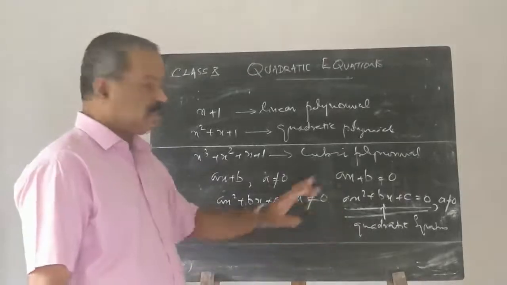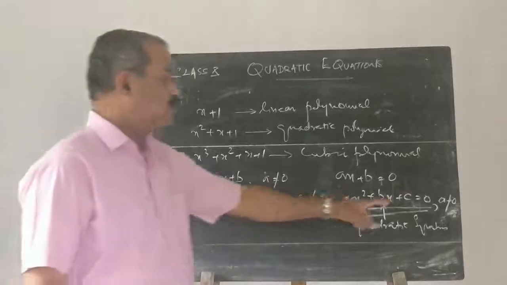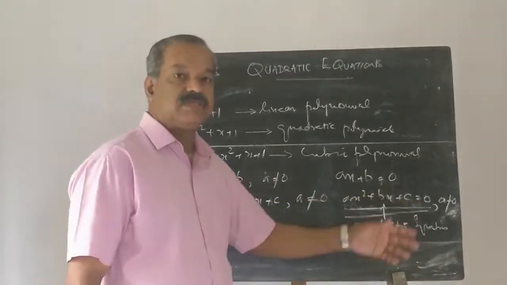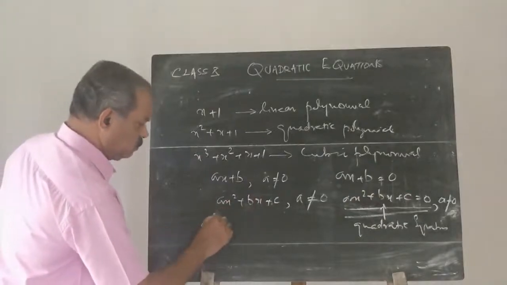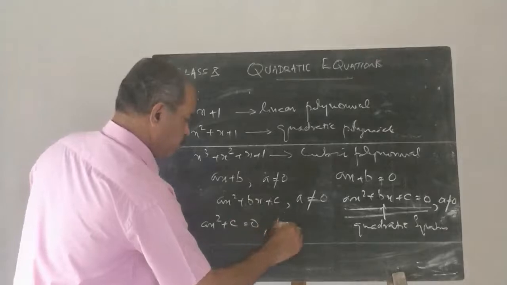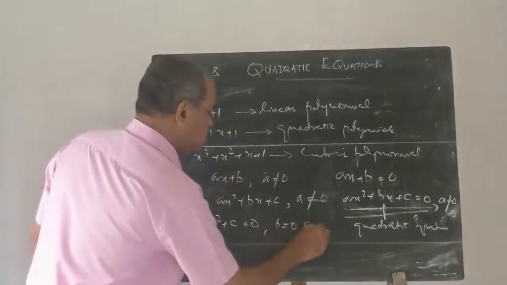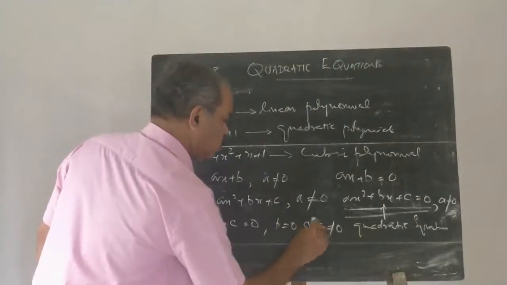a cannot be 0, but a can assume any other real number. b and c are also real numbers. b can be 0, c can be 0. What happens if b is equal to 0? We get ax square plus c equals 0, where b is equal to 0, and a and c are not equal to 0.